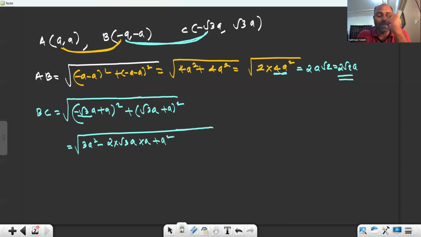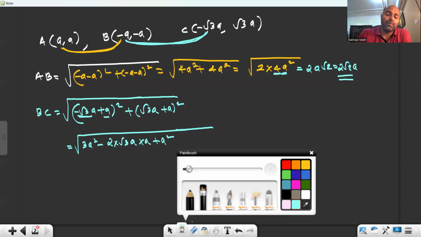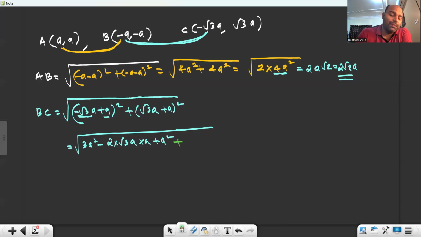What I did here is expand it: a square minus 2ab plus b square is the first part. Plus the second part, root 3a square means 3a square, plus 2 into root 3a into a, plus a square. Just check what we did. You can also take a square commonly out, there is a procedure for that, so it's up to you.